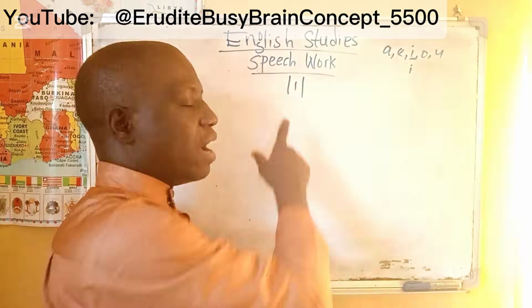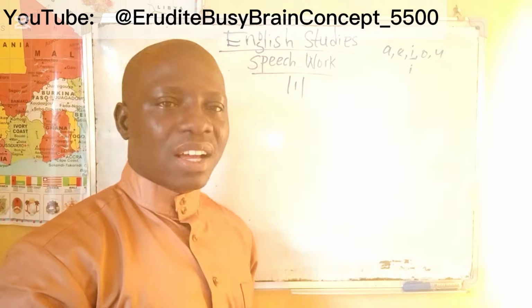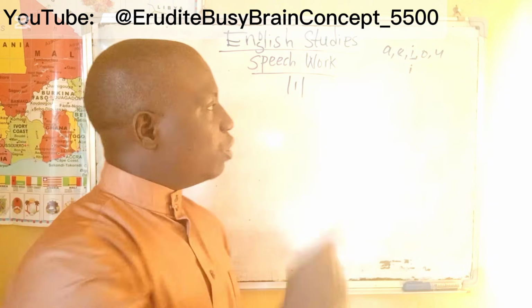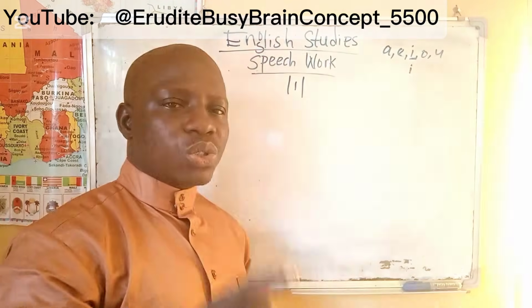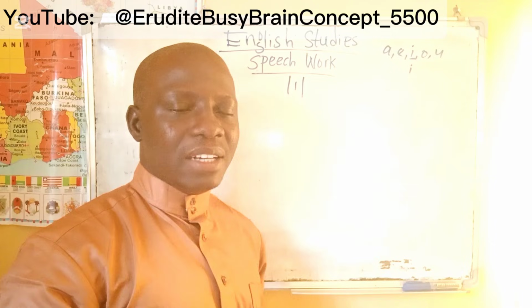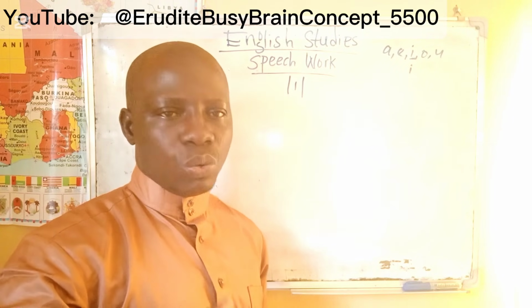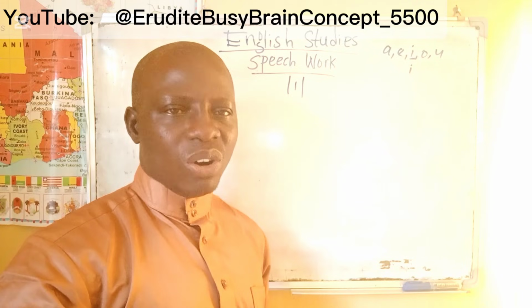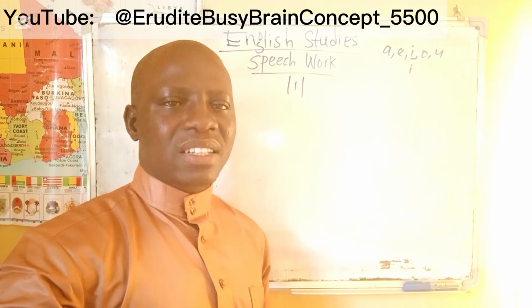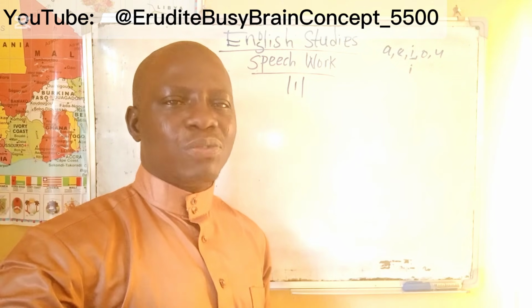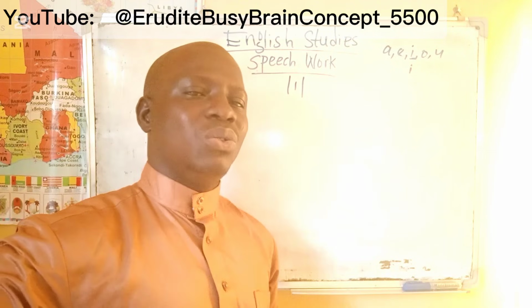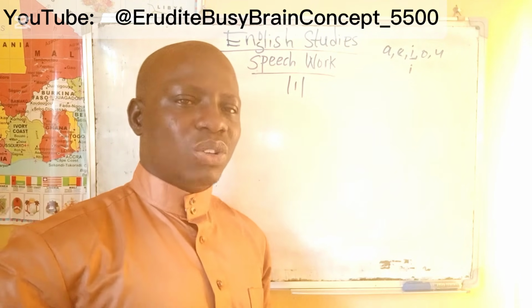And of course, we have the short E and the long E sound. So this E sound also represents certain English letters in different English words, depending on the word and the function of the letter in those words. Please take note of that.